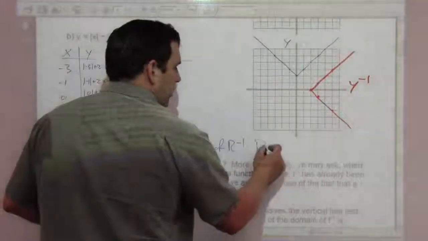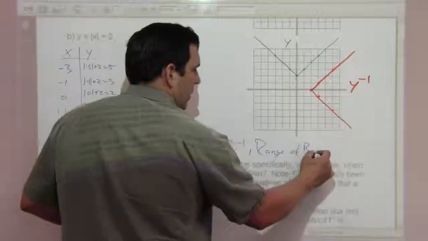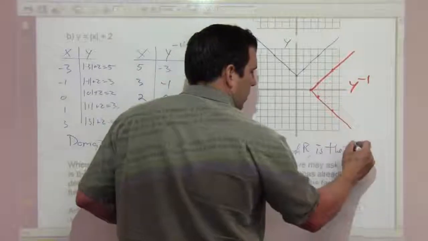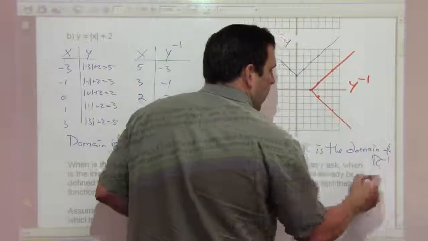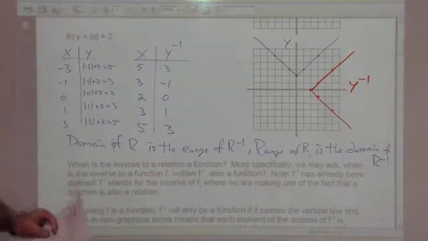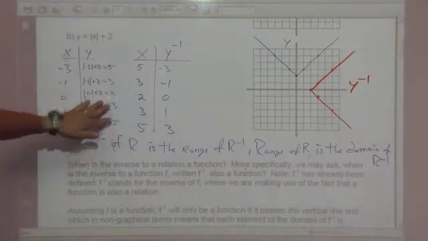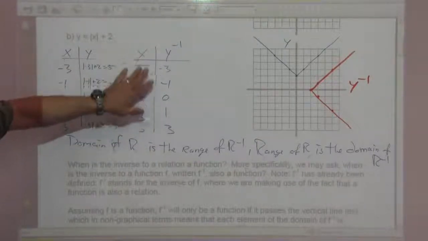And the range of R is the domain of R inverse. And I really want to point that out and stress that here. Here's our domain. That became the range over there. Here's our range of the original. That becomes the domain of the inverse.